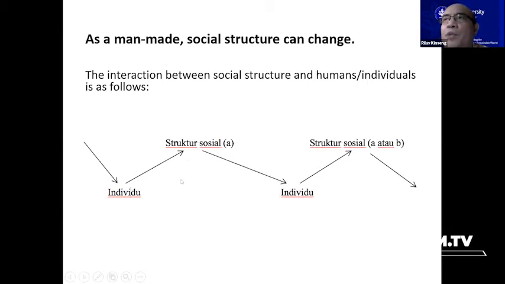So when we agree, for example, to change a social structure, whether in the form of normative, institutional, interaction, or distributional, we can change it as long as we agree and have power together to change it. So that's the dynamic of social structure.